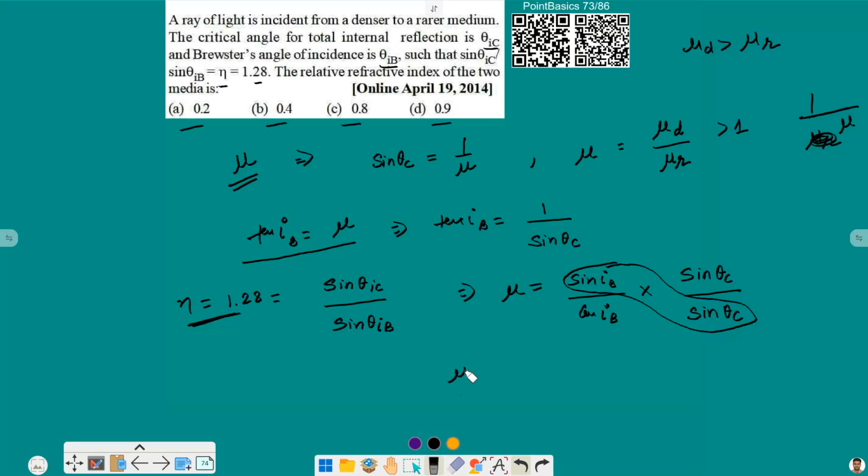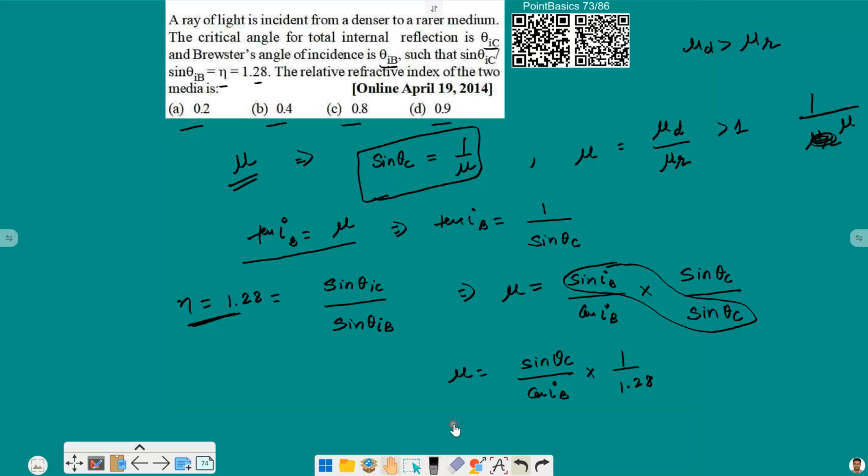So from this, mu is equal to sine of theta c by cos of IB into 1 by eta, that is 1.28. Now this sine of theta c will give us 1 by mu.